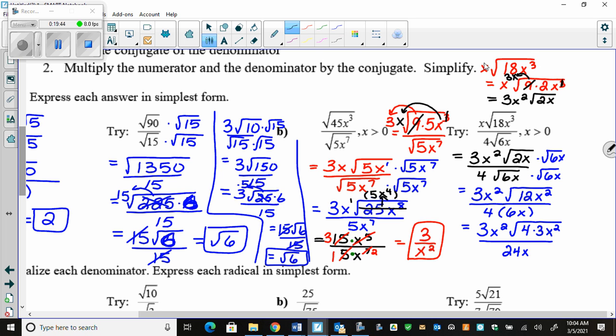The 4 comes out and it becomes a 2. And the x squared comes out and it becomes an x. So we'd be left with 2x times 3x squared. 2 times 3 is 6. x squared times x is x cubed. Root 3 over 24x.